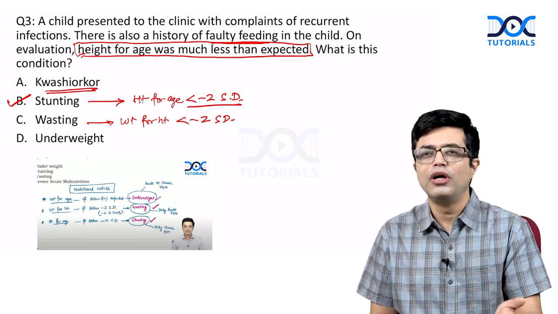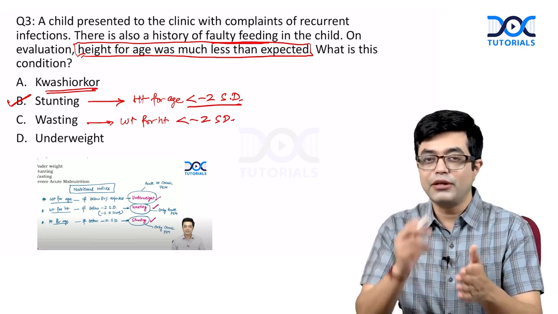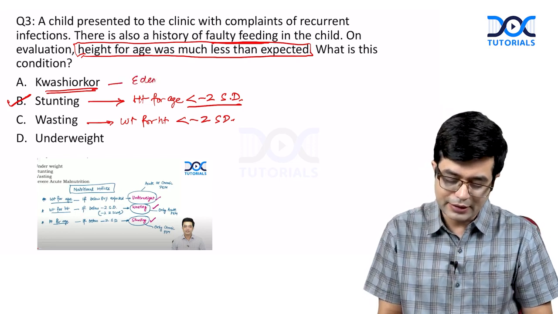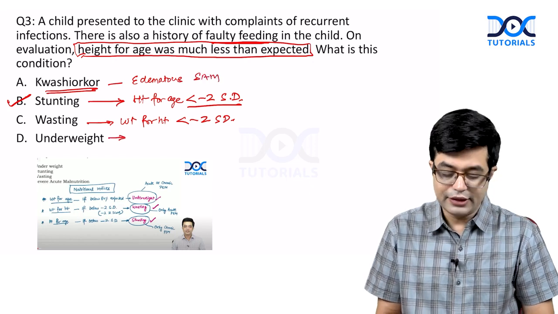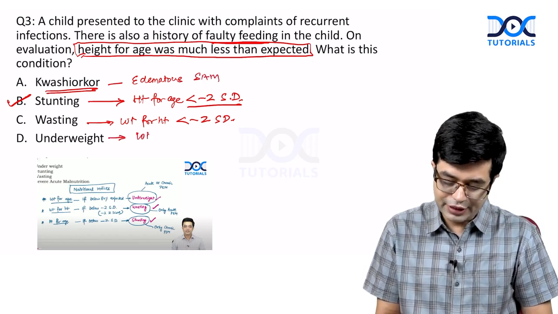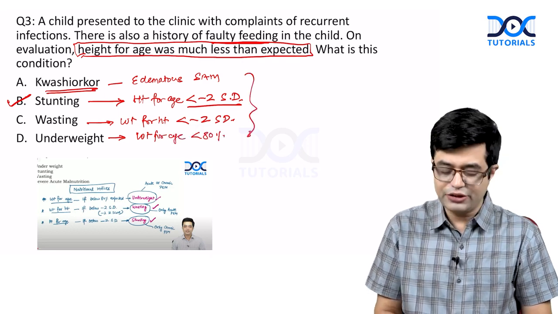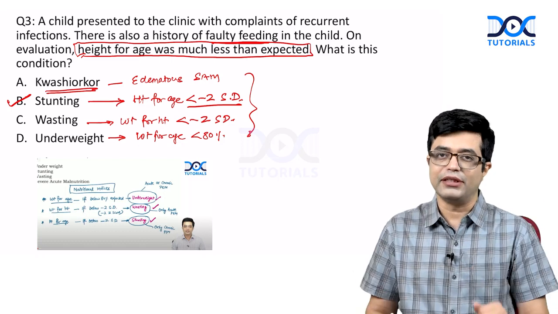Sometimes MUAC below 11.5 is also severe malnutrition, but kwashiorkor will always have edema. So kwashiorkor will be edematous SAM, edematous severe acute malnutrition. And what is an underweight child? The definition for this is weight for age below 80% of expected. So these are the 4 definitions. You remember them one way or the other, it will be repeated again.